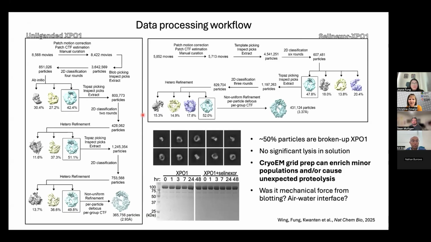I think having a little detergent probably would help with the ice situation. At least in my case, it did. For Casey, when she couldn't use detergent, she had to try different grids, and it worked. For one of them, I think C flat worked. For one of them, it was the 400 that worked. So I think if you can get your protein to high concentration, why not try it?